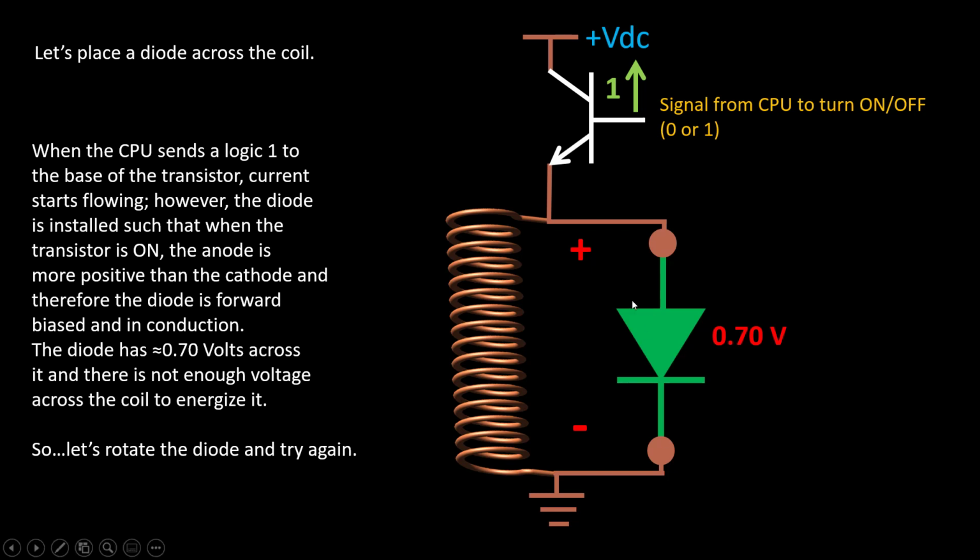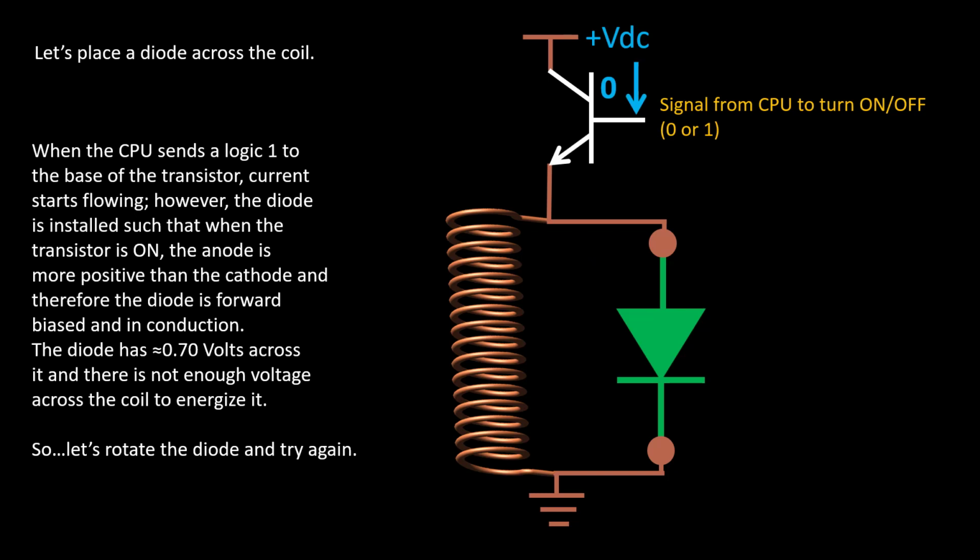However, the anode of this diode is more positive than the cathode. Therefore, the diode is forward biased. Therefore, the diode is conducting current. There's a 0.7 volt drop across it, and there won't be enough voltage across the inductor to energize the inductor.